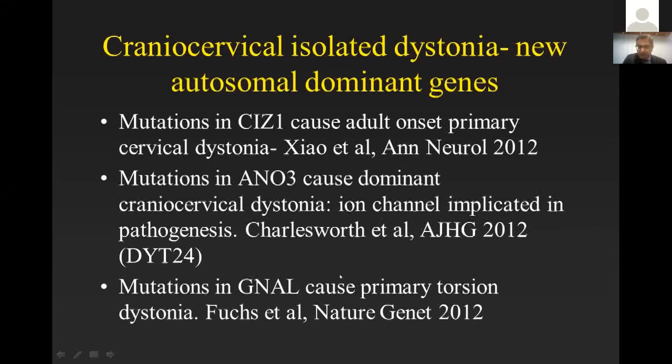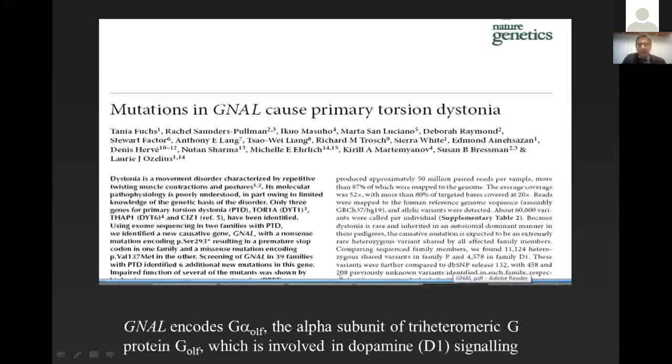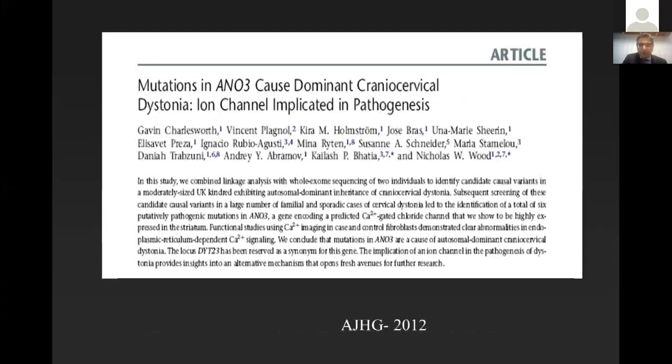I will come back to that in a minute. GNAL encodes the alpha subunit of the trimeric G protein, which is involved in dopamine D1 signaling. This is a rare cause of cervical dystonia, but may be important from the pathophysiology point of view.